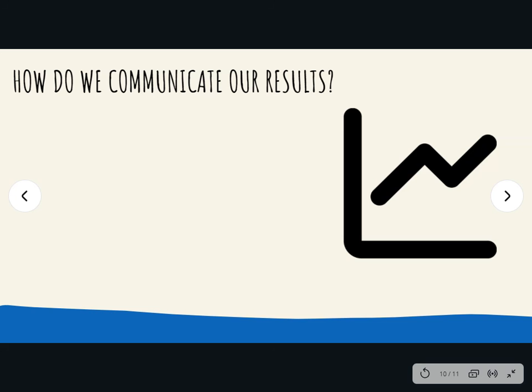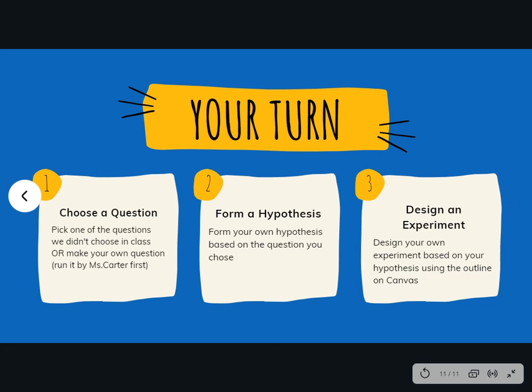Doing okay? Okay. So now it's your turn. What you are going to do for me today is choose a question, either a question that we did not use from this PowerPoint, or just another question that you want to design an experiment about. You're going to ask a question, form a hypothesis, and design an experiment.